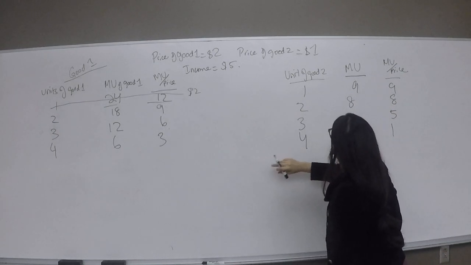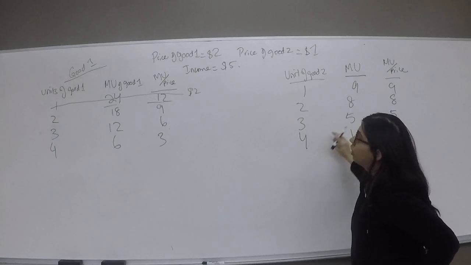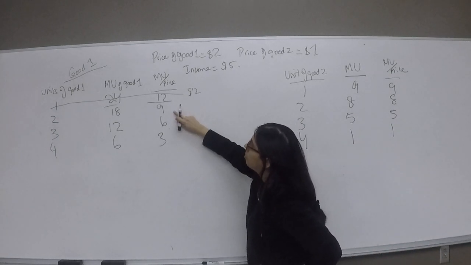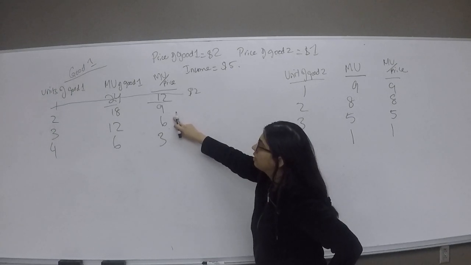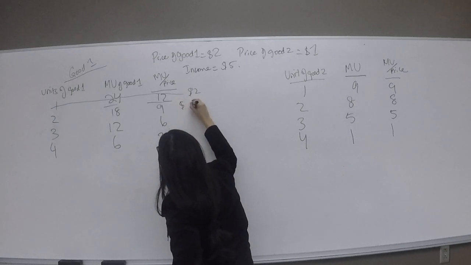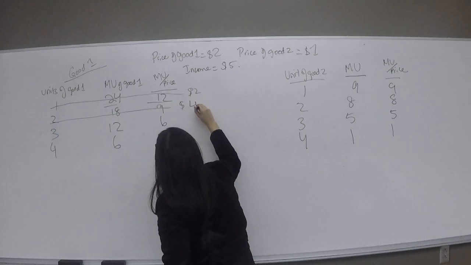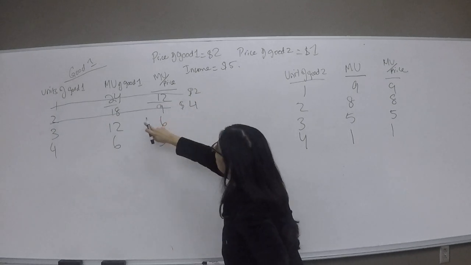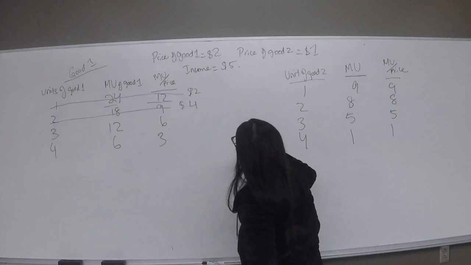Good one, because the marginal utility per price is greater. So you're going to spend the next $2 also on good one. That's $4 spent in total.